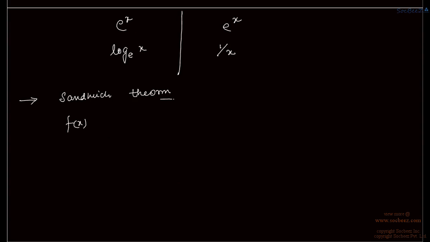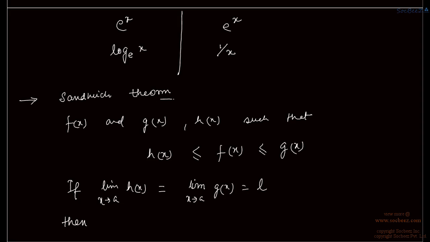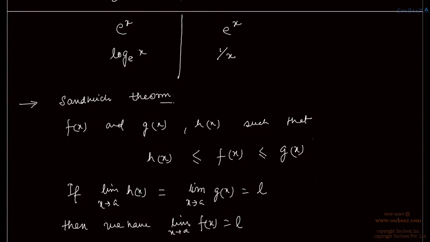According to this theorem, if we have a function fx and we have a function gx, okay, and we have a function hx, such that hx is less than equal to fx is less than equal to gx, okay, then if limit x tends to a hx is equal to limit x tends to a gx is equal to say L, then we have limit x tends to a fx is also equal to L. Okay. So this theorem is known as Sandwich theorem.